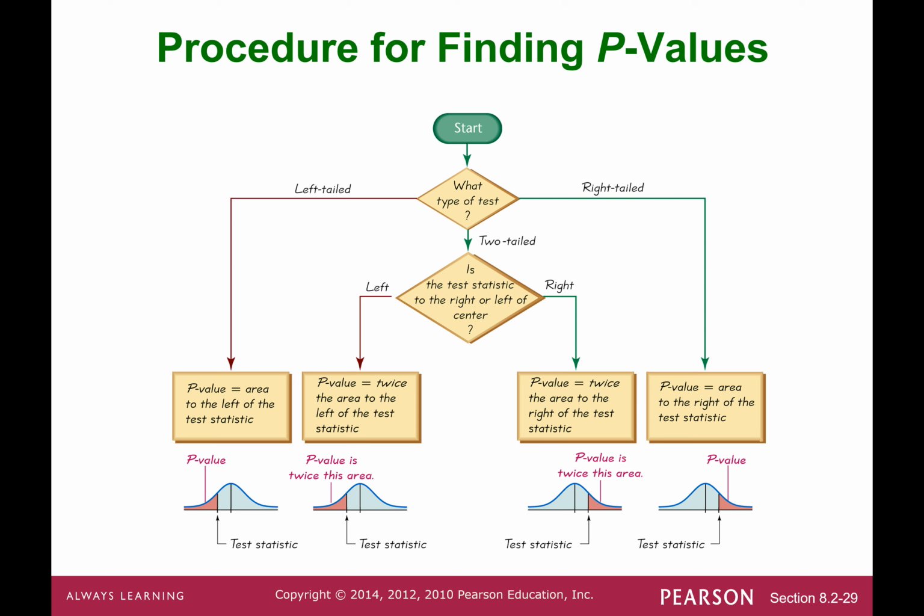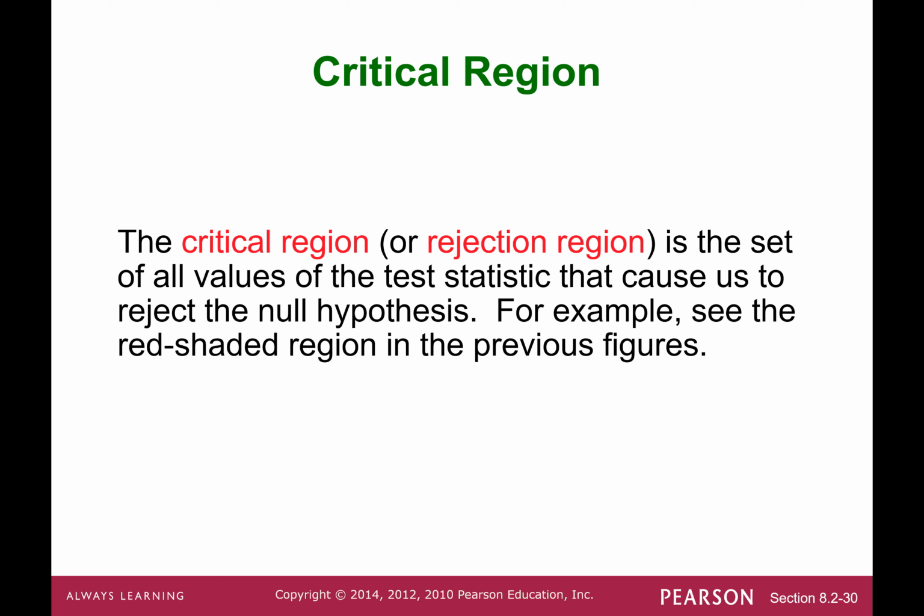These flow charts show you what kind of test we're talking about: left tail, right tail, or two tails. And that's how you draw a bell curve and visualize the critical region on it. The critical region, or rejection region, is on the tails, either the left tail, right tail, or both tails.